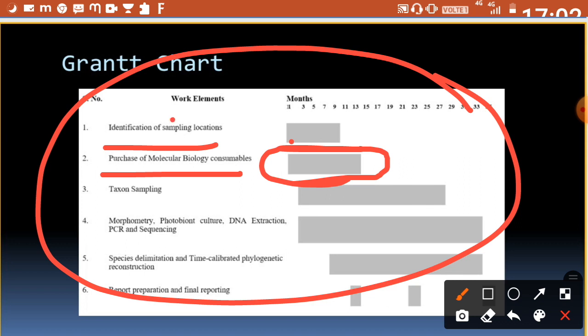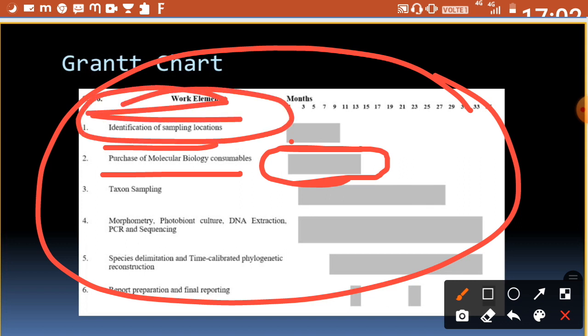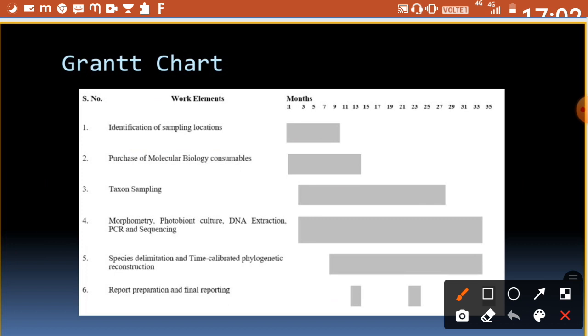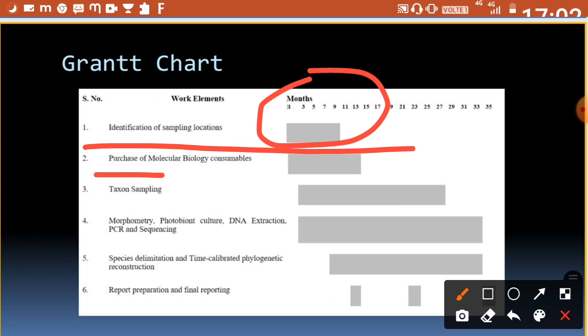Okay, it means you have to identify the sampling location in between 3 to 9 months, and then you have to purchase molecular biology consumables, and you have to complete this task in between 3 to 11 months. Okay, this is what we can say is planning.